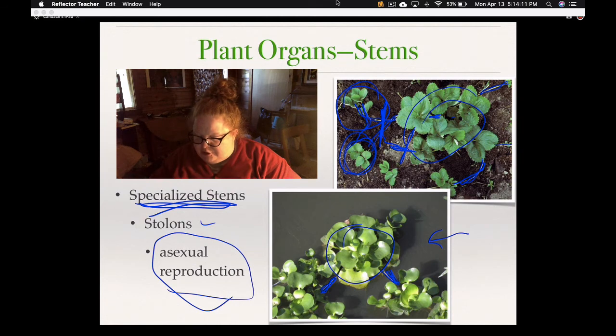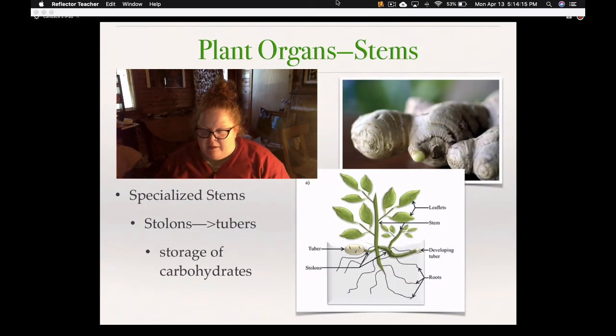All right, in addition to this kind of specialized stem, which is called a stolon, there are these. Now, this is also a type of stolon, but it's even a modification of a modified stem, where at the end of the stolon, these carbohydrate storage structures are located that are called tubers.